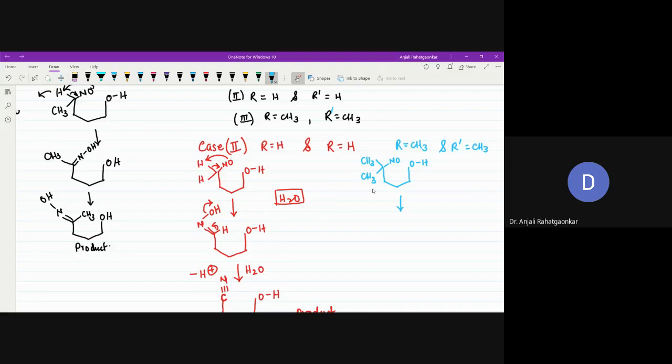Okay, so what do you suggest over here? So no hydrogen is present, है ना? No acidic hydrogen is present over here. So this is the product when R is equal to CH3 and R dash is equal to CH3.